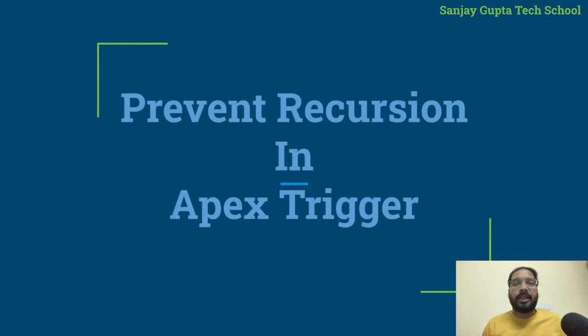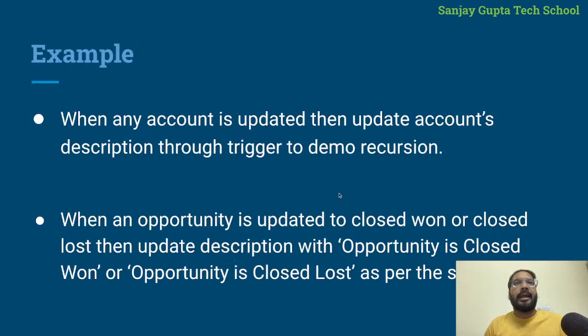There are certain measures, and if you apply them, your recursion will be prevented and smooth execution will happen. Here I have two scenarios that I will implement so that you can understand how recursion works in the case of an Apex Trigger, right?